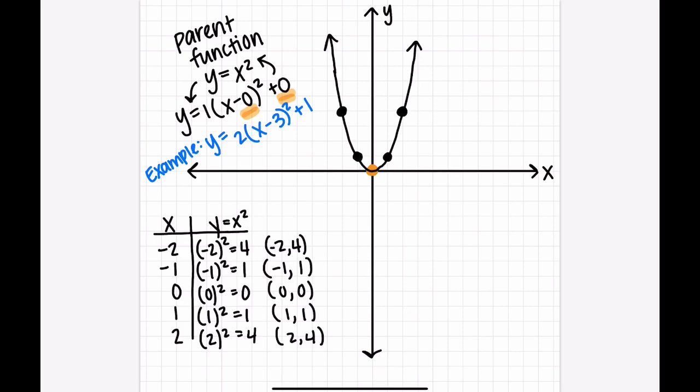From this example, the 2 means that it is stretched, so it's more narrow. This tells us that the graph has been moved right 3, and this tells us the graph has been moved up 1.